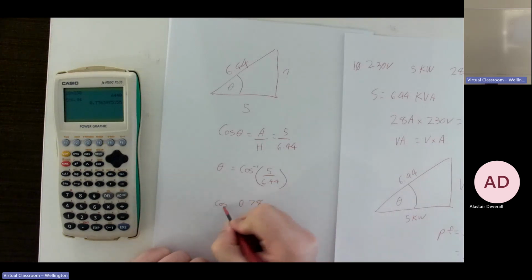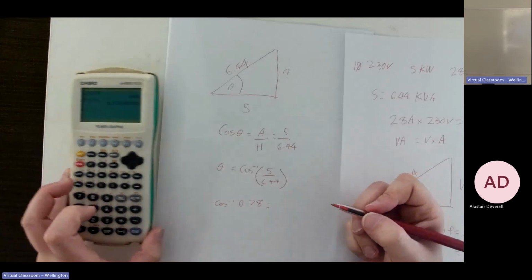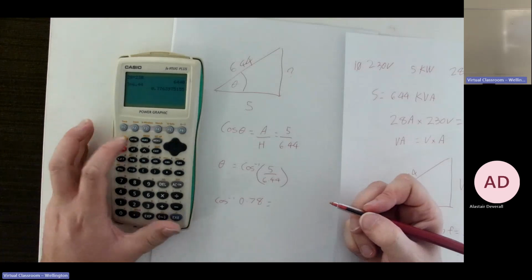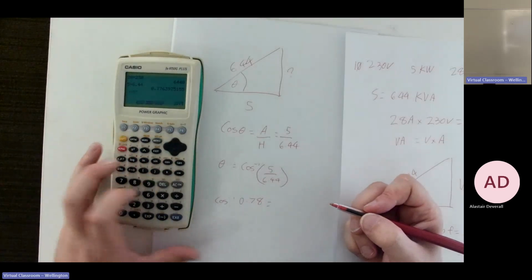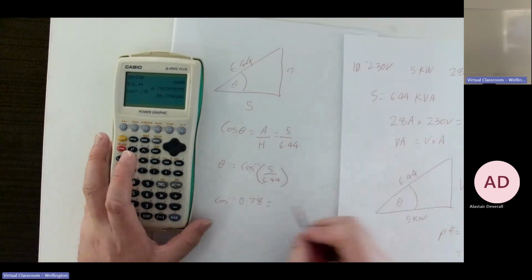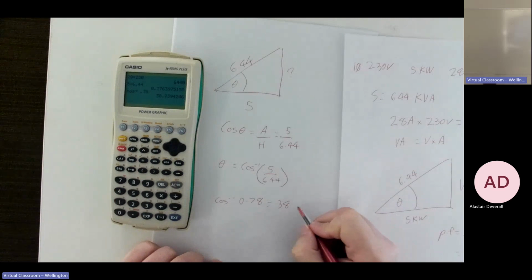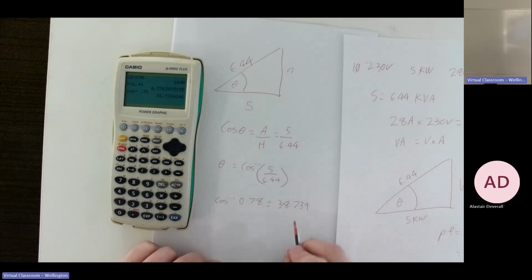So cos minus 1, 0.78 equals, and let's put that in our trusty calculator, and we get 38.739 degrees. Now, because that's a 9, we're going to round up in this case, so 38.74 degrees.